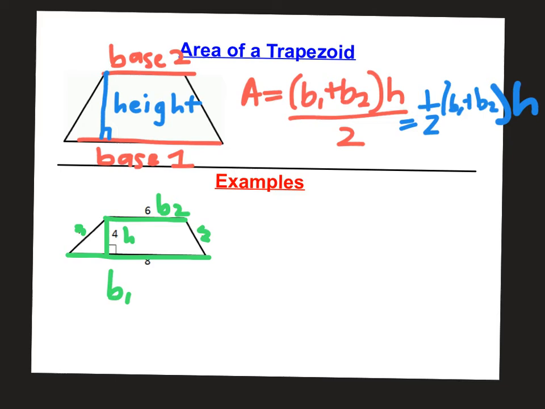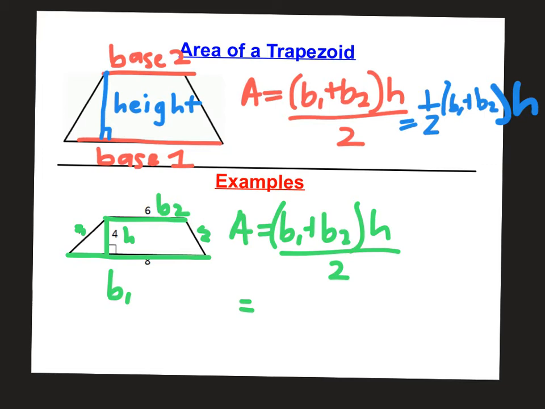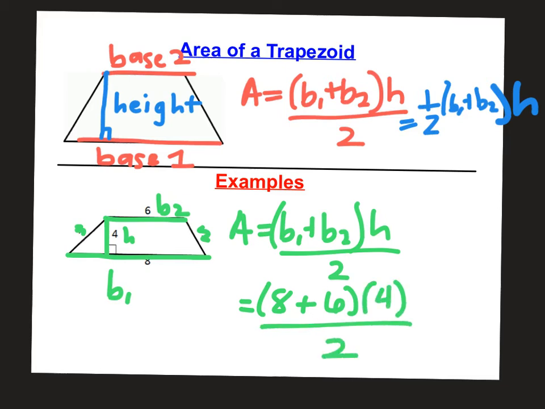It really doesn't matter. Again, we're using that formula, area equals base 1 plus base 2 times your height divided by 2. If I plug that in, my base 1 is 8 plus my second base, which is 6. And we're going to multiply it by the height, which we said was 4. So times 4 and then divide by 2.